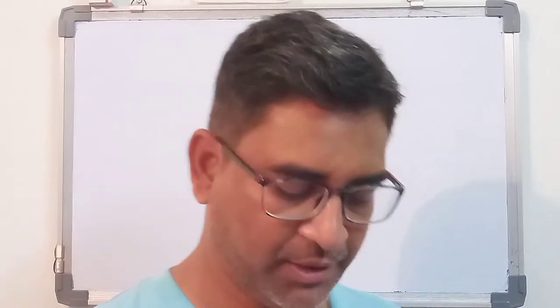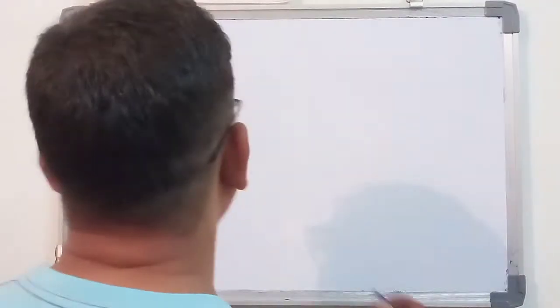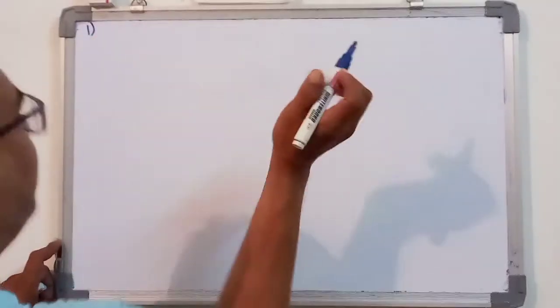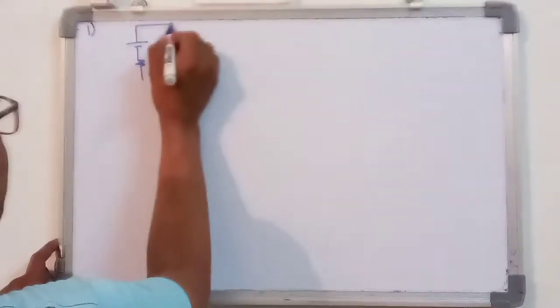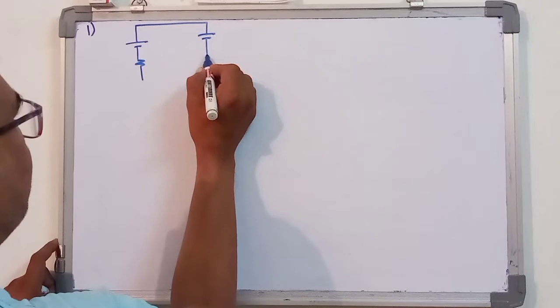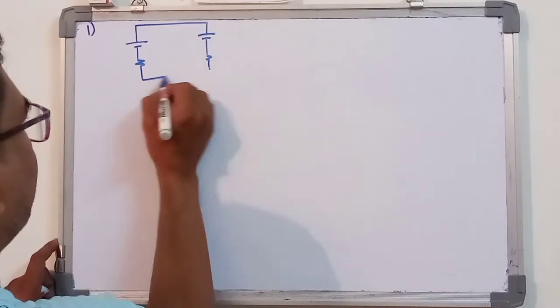Now today we are going to solve different problems for KCL and KVL. Consider the first problem related to KCL and KVL. Suppose you have one voltage source with a resistor, and in another loop you have again a voltage source with a resistor.